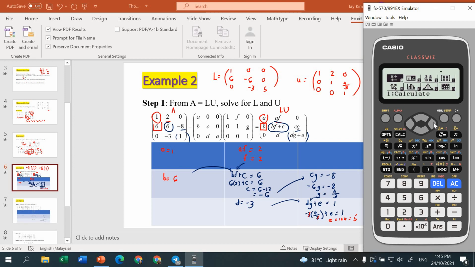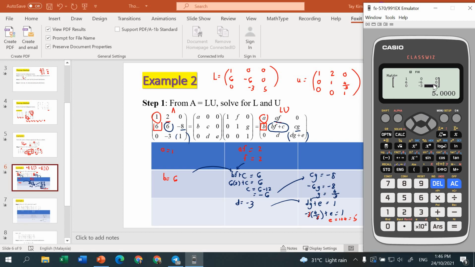Go to the matrix mode. It defines the matrix, where A is 3. Key in L into A in your calculator: 1, 0, 0, 6, negative 6, 0, 0, negative 3, 5.